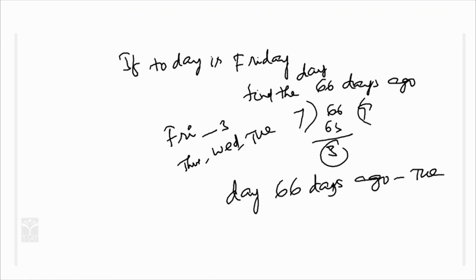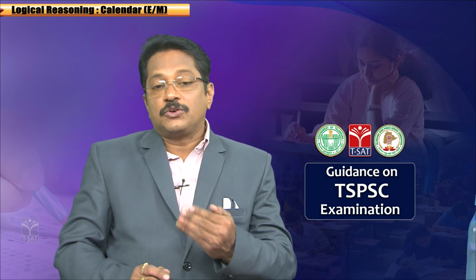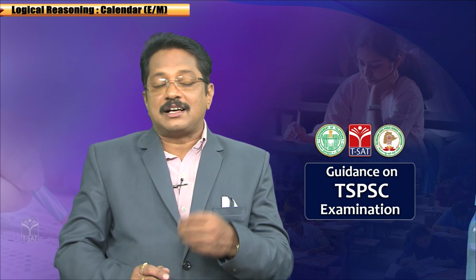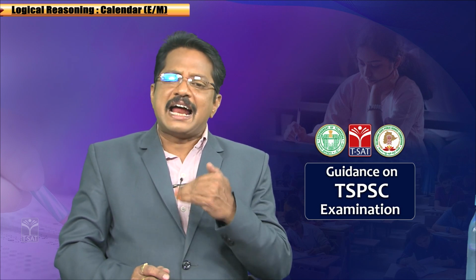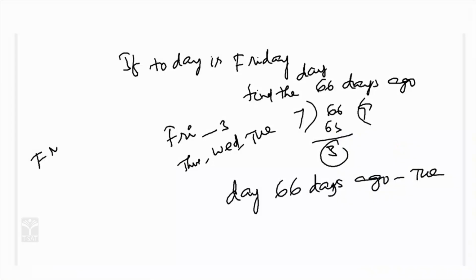Okay. If the question was asked as 66 days after, then 'ago' is the previous one, and 'after' is the next, so here you have to just add 3 to it. That means Friday plus 3 days: Friday, next Saturday, Sunday, Monday, correct.